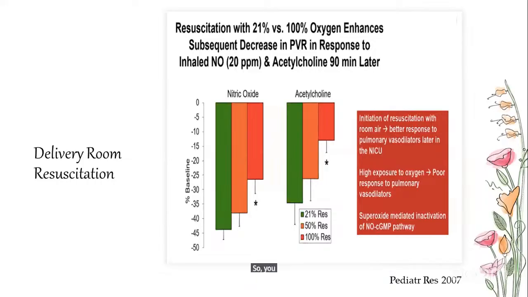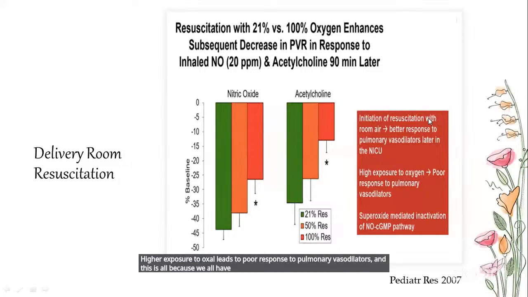You can see the green bars, the 21%, were extremely beneficial as compared to 100% oxygen in the delivery room. To summarize this slide, initiation of resuscitation with room air gives you a better response to pulmonary vasodilators later in the NICU. Higher exposure to oxygen leads to poor response to pulmonary vasodilators, and this is because we all have endogenous nitric oxide.